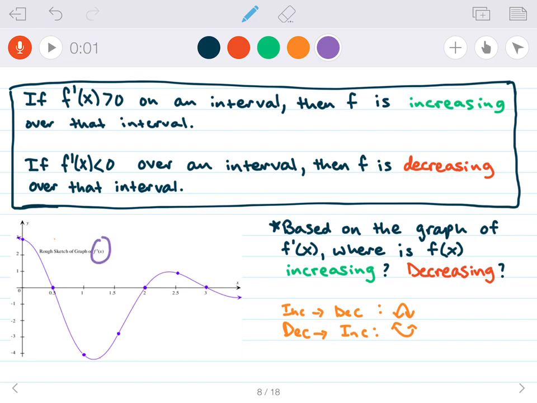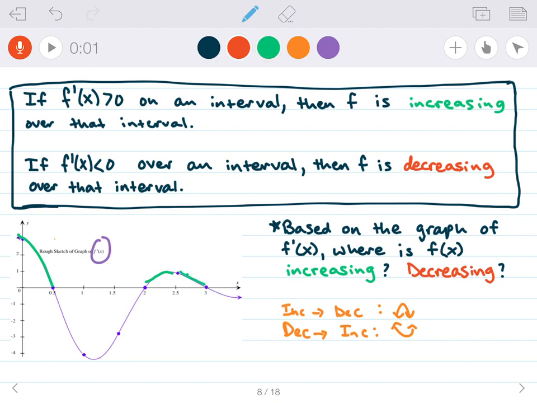And when our derivative lies above the x-axis, when it's positive, we know that f is increasing. So I can already see that since it's above the x-axis here, it's going to be increasing right here. And it's also going to be increasing here. Oh wait, not there. It's going to be increasing like that.